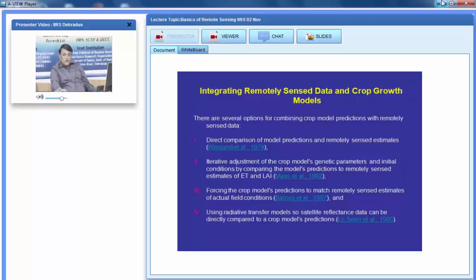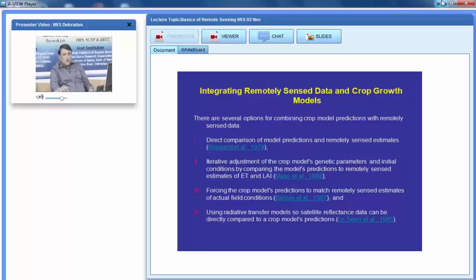So in sowing time, initial soil moisture, or phenotypic or genotypic coefficients, one can iteratively keep on changing until the model estimate of LAI and evapotranspiration matches accurately with the remotely sensed estimate. Third, forcing strategy.